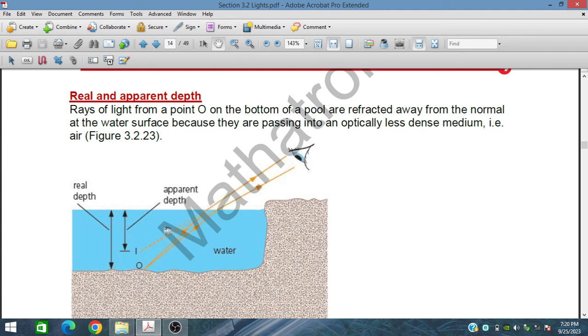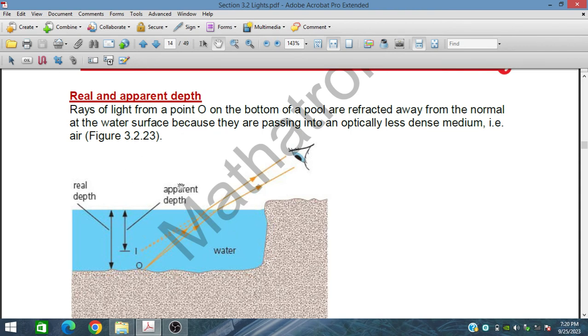So it apparently looks like the object is placed at this position, and the depth of the reservoir appears to be this much, while the real depth is this one. This is because of the refraction phenomenon. It will appear like this.